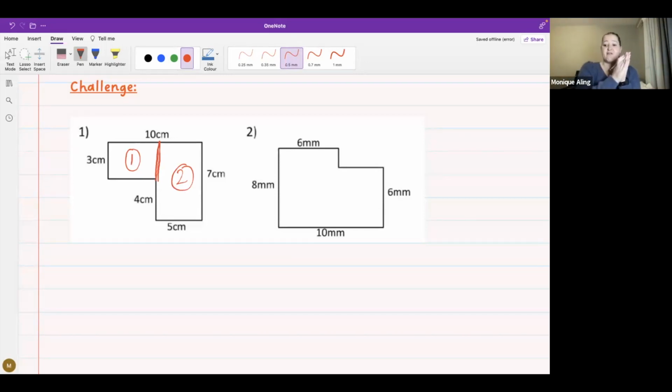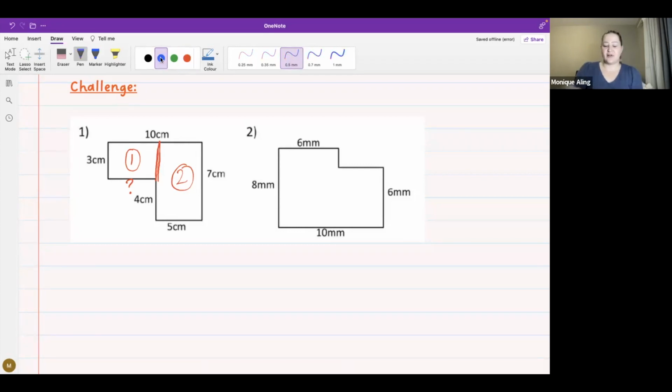Now I can work out the area of the first rectangle, work out the area of the second rectangle, add it together, and voila, there is your total area. However, we do have a missing side over here, which is quite important to work out the area of rectangle 1.